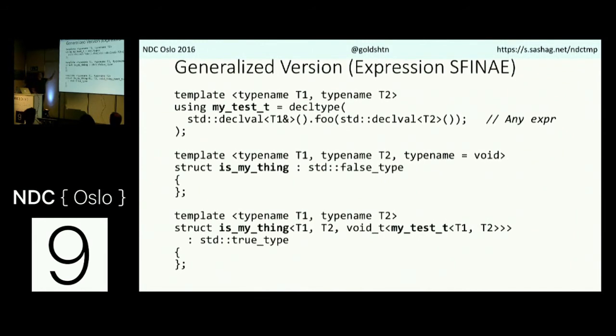And actually, this kind of template is pretty useful in the standard library as well. Just as an example, in the standard library, there is a type trait called is_assignable, which just determines whether one type can be assigned to another using the assignment operator. You could easily implement it using this generic trick, right?